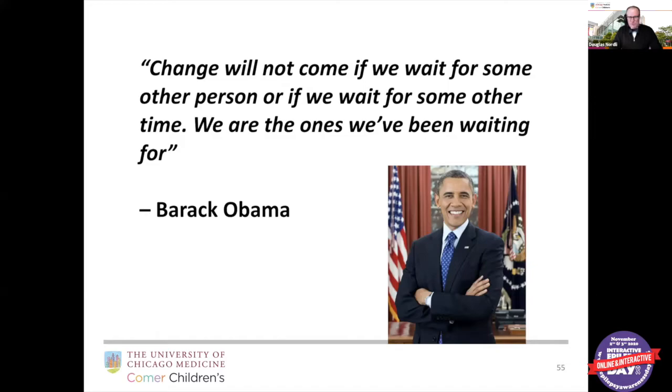I've been thinking for some time that it's time for us to change our attitude. Maybe we've been too passive, and maybe we've been too guarded, and maybe we need to allow ourselves to think about markedly changing the landscape in pediatric epilepsy.